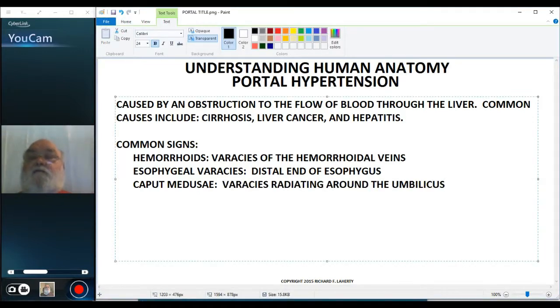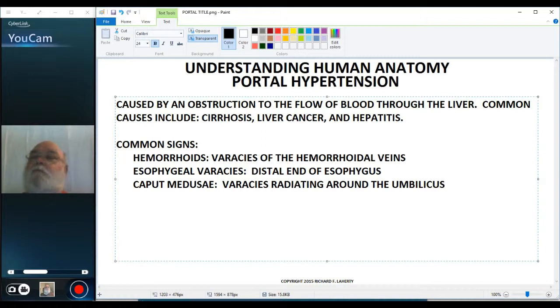And the name comes from the mythological creature Medusa, who had snakes growing out of her skull instead of hair. These varicose veins, these varices that you see moving out, resemble small snakes growing laterally from the umbilicus.